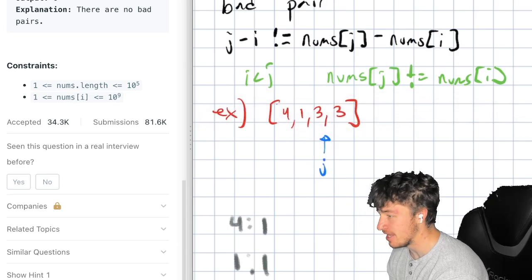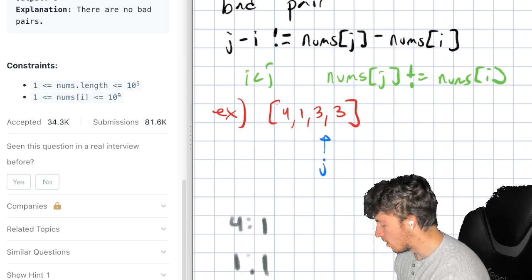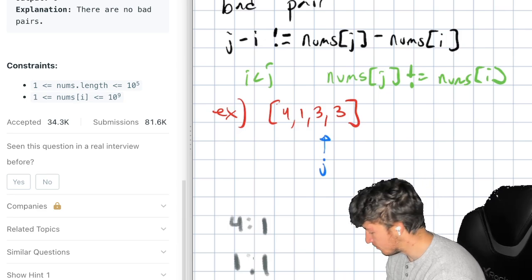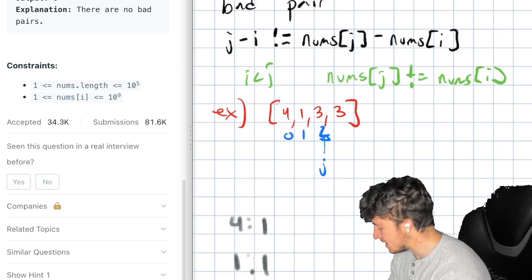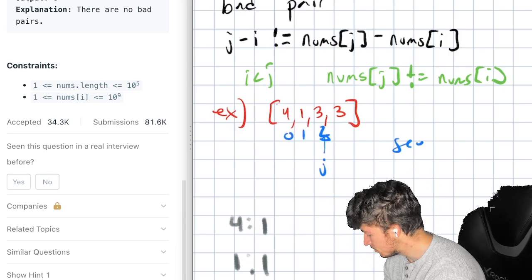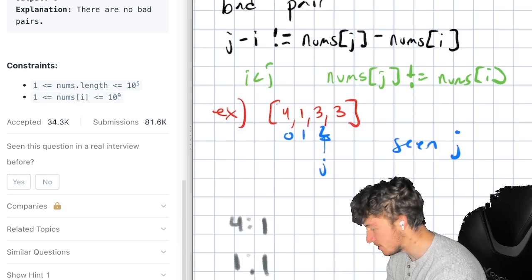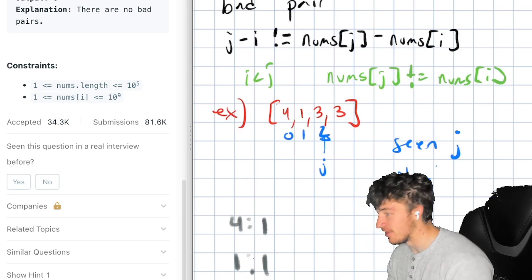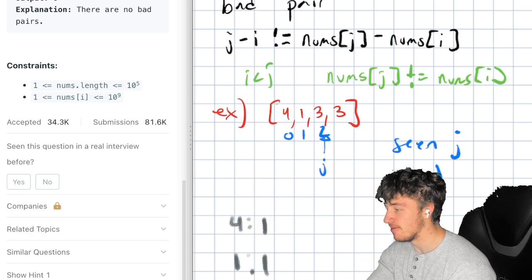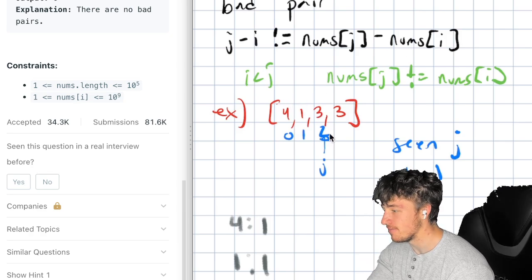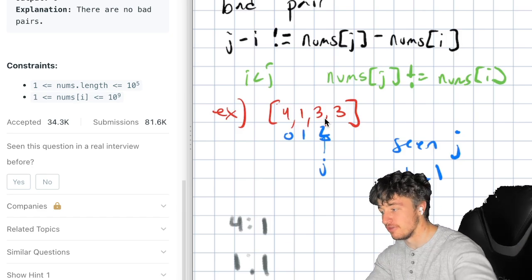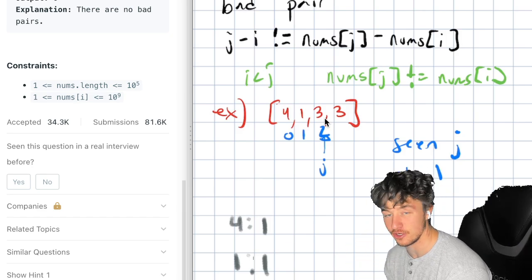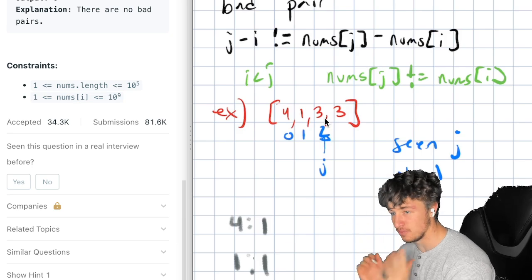Well, how many have I seen so far? Well, j equals 2, right? If we think about it in these terms, 0, 1, 2. So that means I've seen 2 items. I've seen j items. Keep it general. If I'm on this second index, looking at j equals 2, that just so happens to mean that I've already looked at 2 things. So that means that there's 2 i's that there could be, right? So there's 2 possible i's.